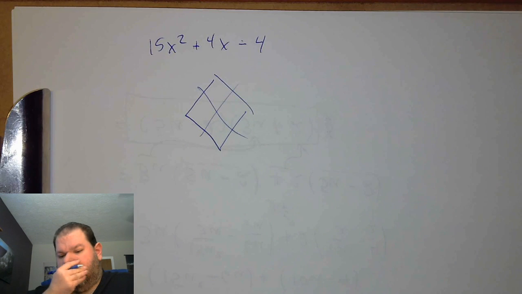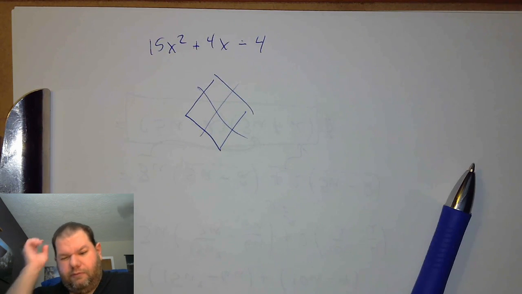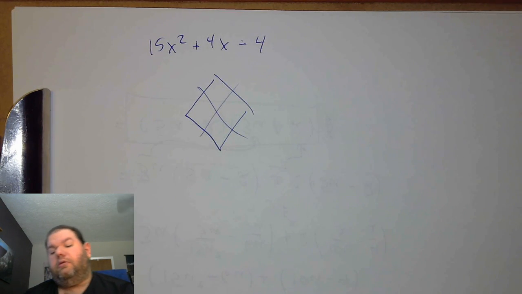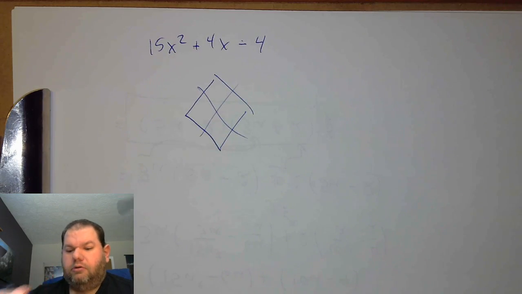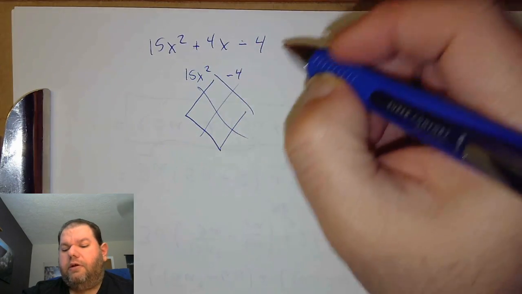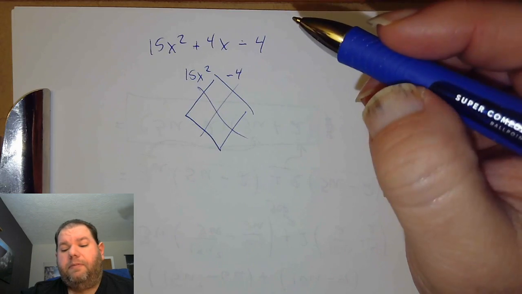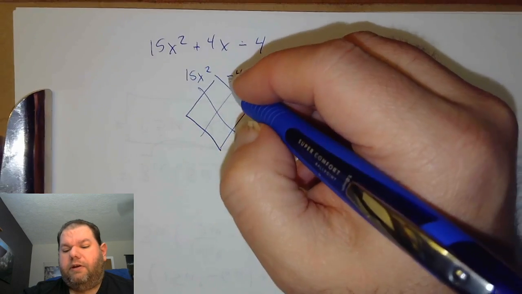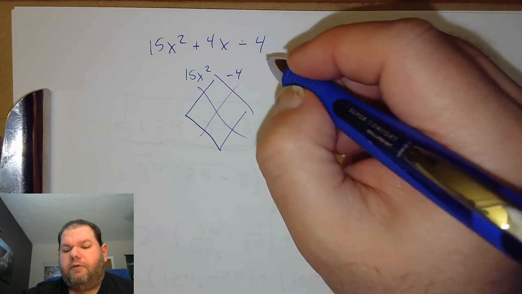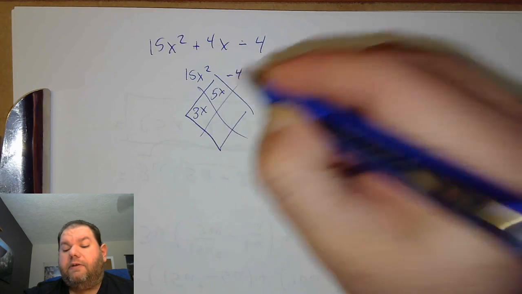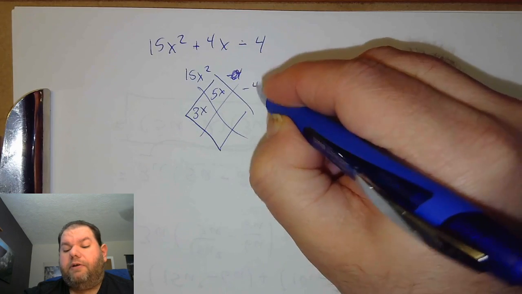The way that it works is, let's see, we have 15x squared and minus 4. We have to figure out a way to split those up. We know 15x squared is 3x and 5x, and I should write the minus 4 down here.